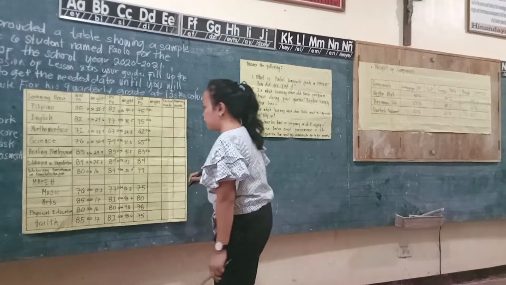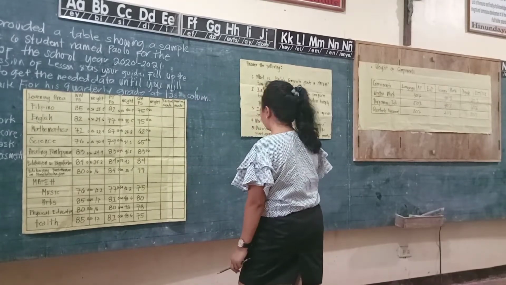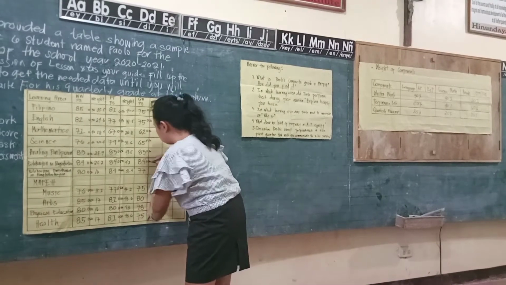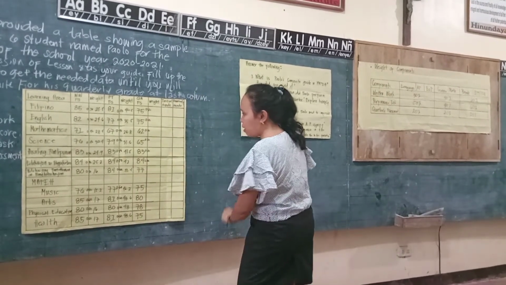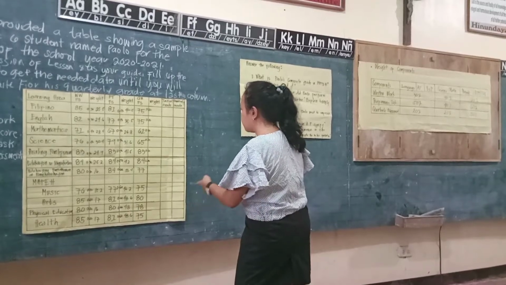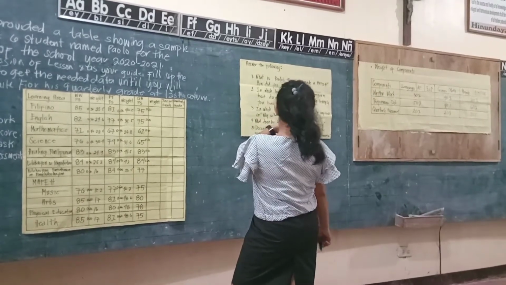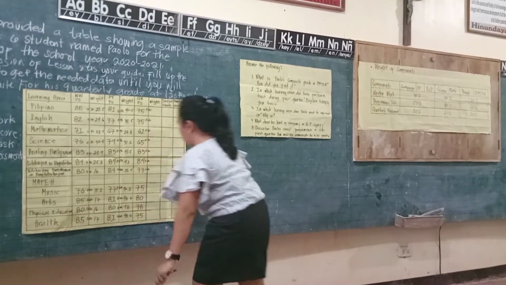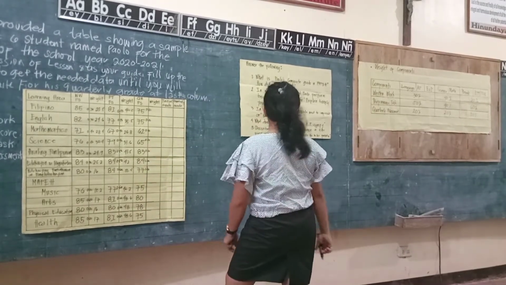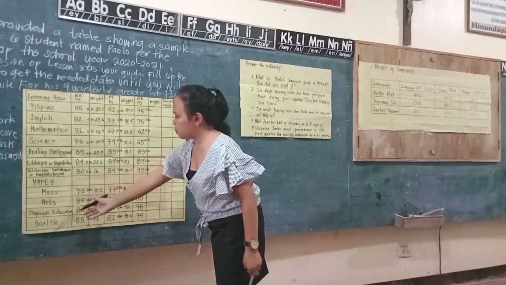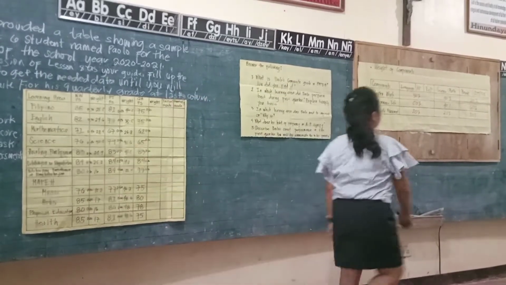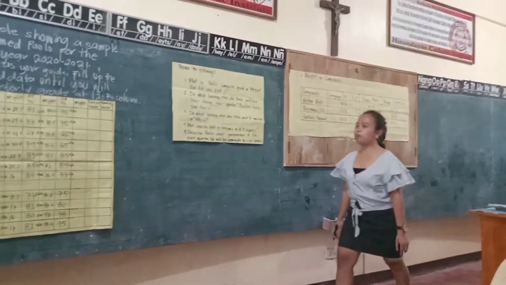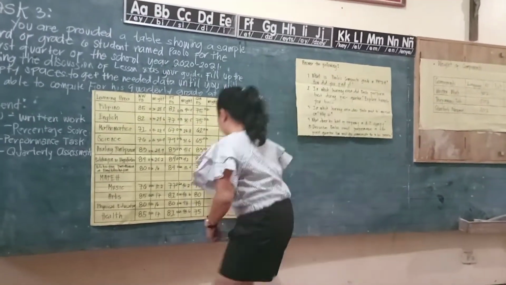In music, arts, physical education, they are all under the same, so they have all 20% or 0.20.